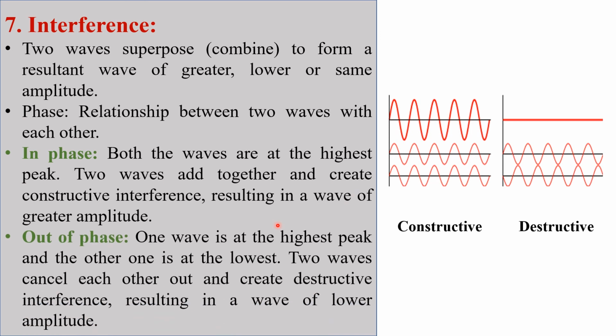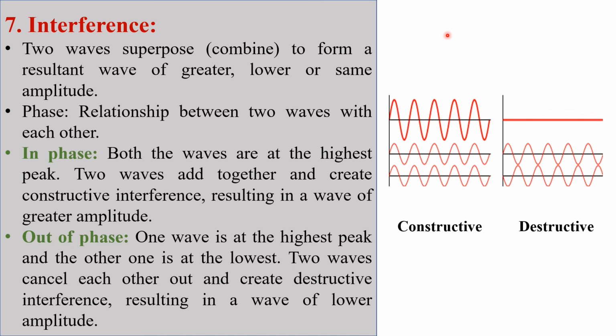When one wave is at its highest peak and the other one is at its lowest, we say they are out of phase. In that case, two waves cancel each other out and create destructive interference, resulting in a wave of lower amplitude.